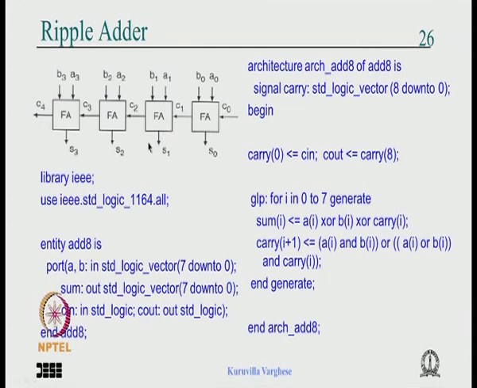The essential thing we used to do was to make a truth table, work out the equation and try to implement. And frankly, if you have an 8-bit adder, you write an 8-bit truth table, it is quite complex. Then you make the equations out of it, you try to implement, you will get a carry lookahead adder.